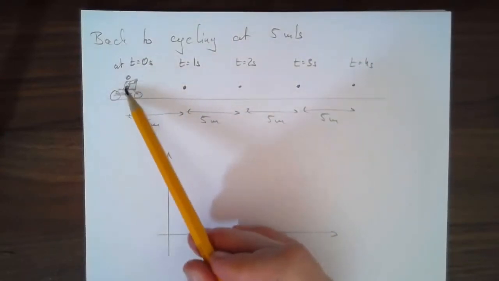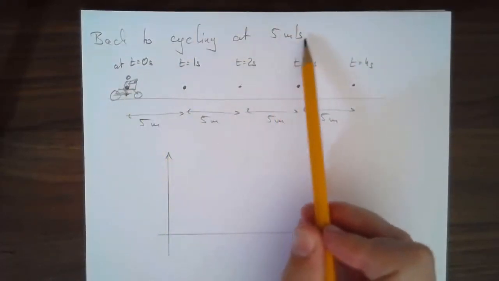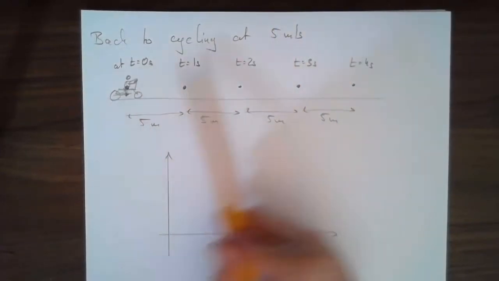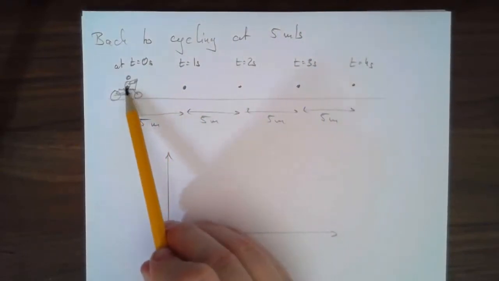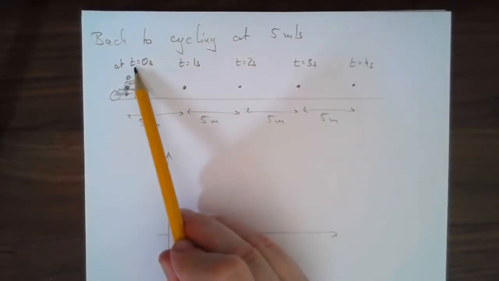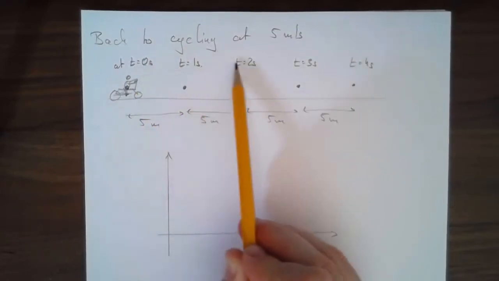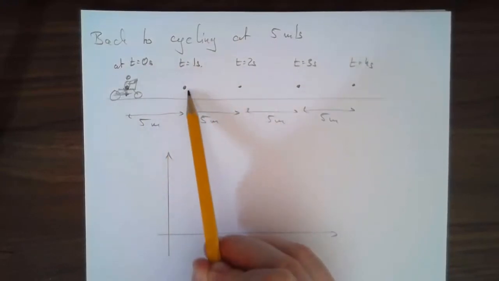So on your stopwatch right here, it says time equals 0. Because I'm going at a constant 5 meters per second, after 1 second, when your stopwatch shows 1 second, you'll see me here.